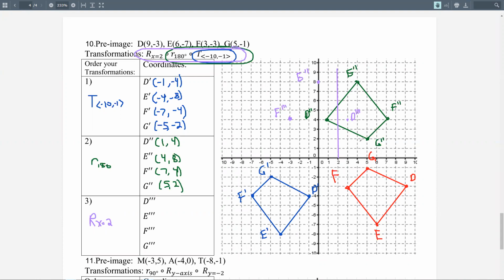And G is 3 to the right, we go 3 to the left, and that is G triple prime.